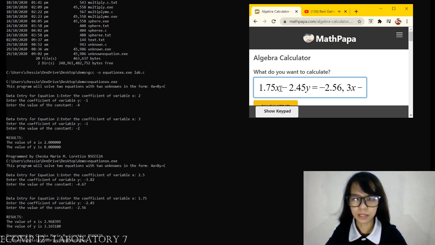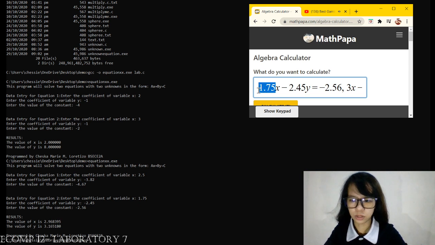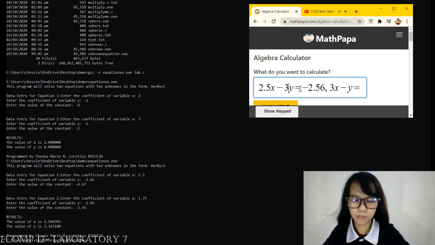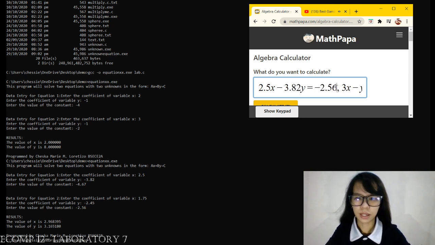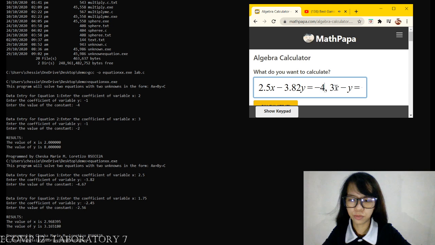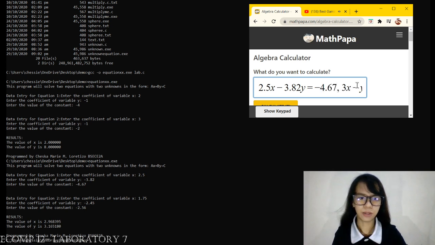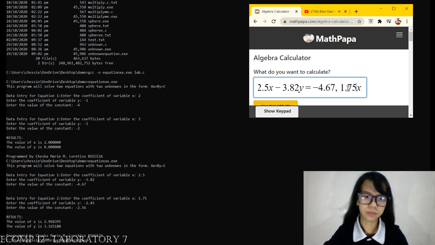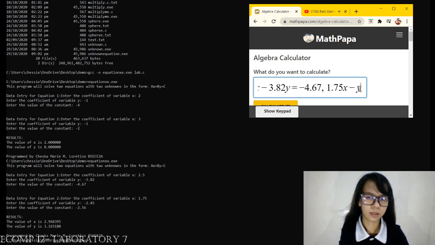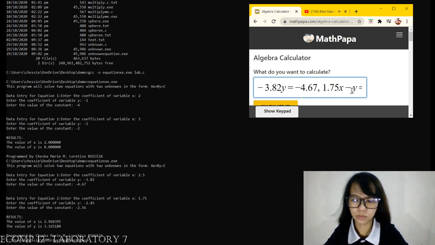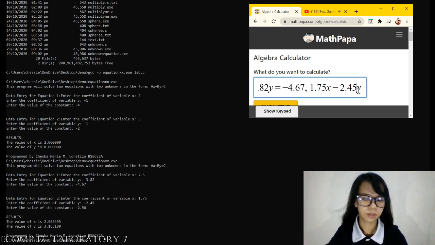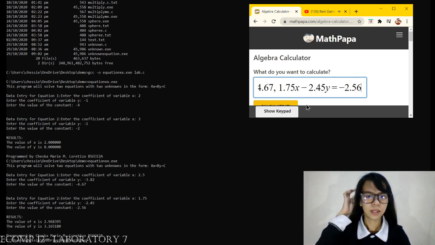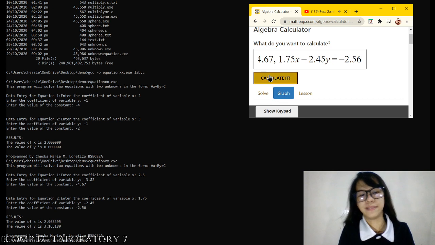Oh, my bad, that's equation number 2. For equation 1 it's 2.5, negative 3.82, and negative 4.67. And for equation number 2, 1.75, negative 2.45, and 2.56.